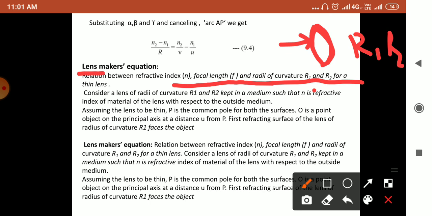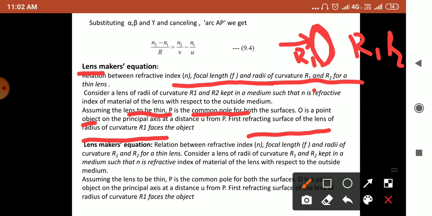So here, if we assume that lens is very thin and having common pole for both the surfaces, and object is present at O, then the principal axis at a distance U from P and first refracting surface of lens of radius of curvature is R1, which is facing the object.